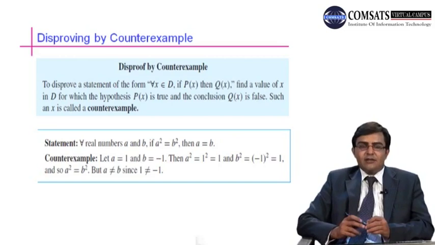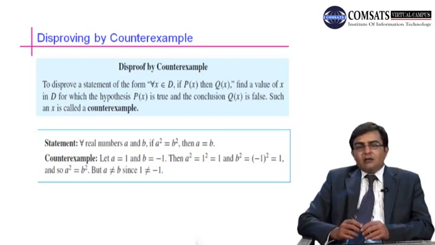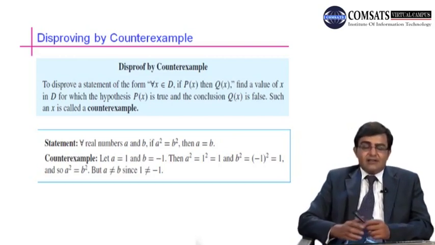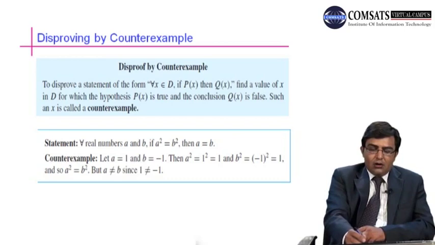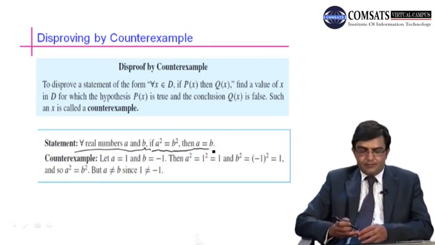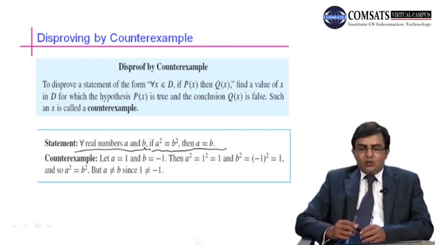We try to disprove it. For example, if we give a statement like this: for all real numbers a and b, if a square is equal to b square, then a is equal to b. We cannot prove this statement because this statement is not always true.